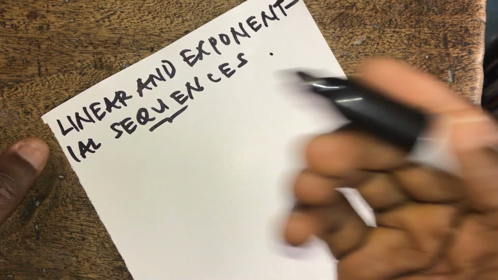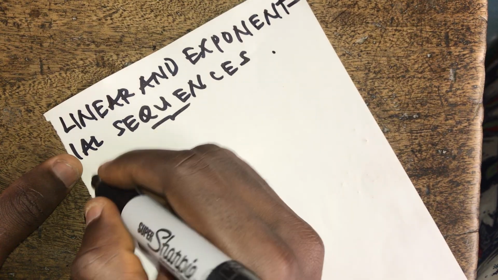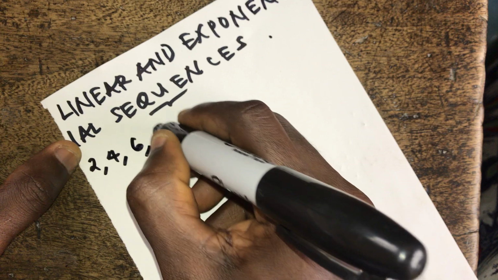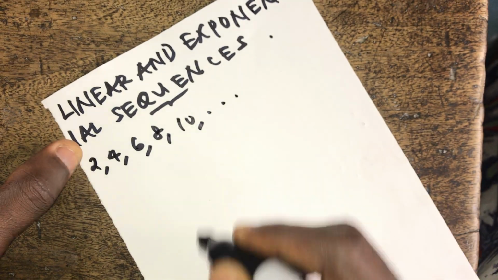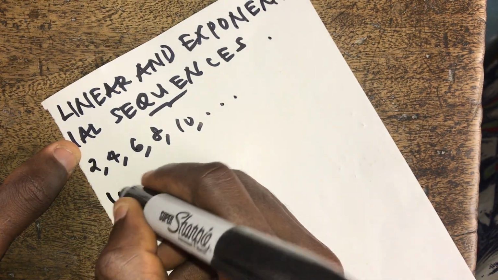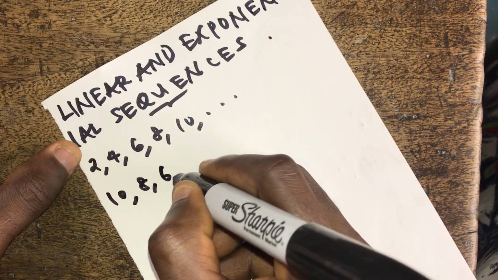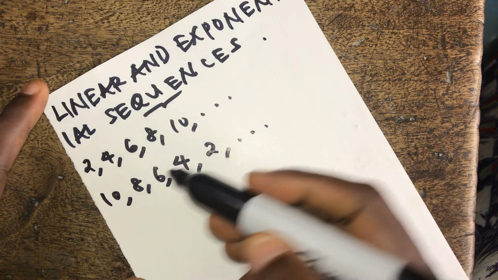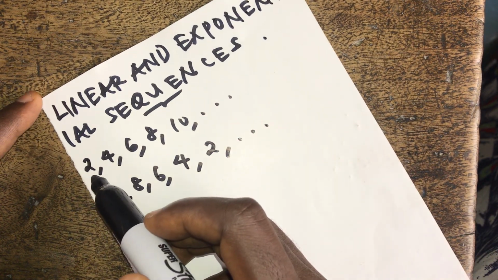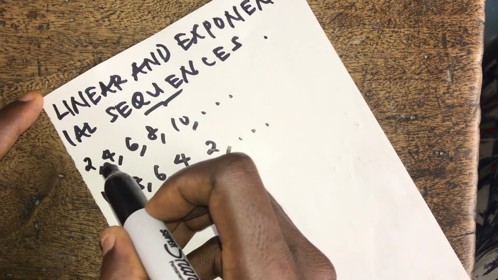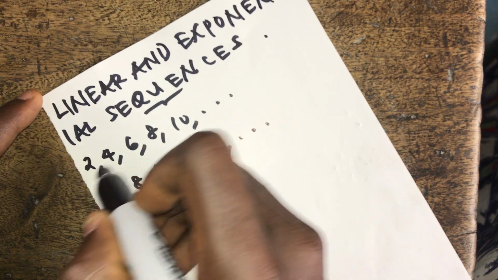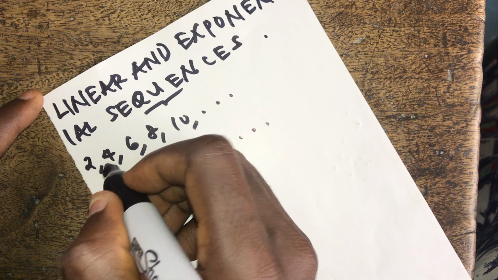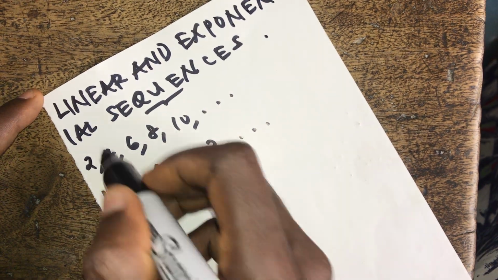Linear and exponential sequences. If we study this set of numbers, 2, 4, 6, 8, 10, and this one, 10, 8, 6, 4, 2, and so on, we see that starting from the second number in this set, each number is obtained by adding 2 to the one before it.